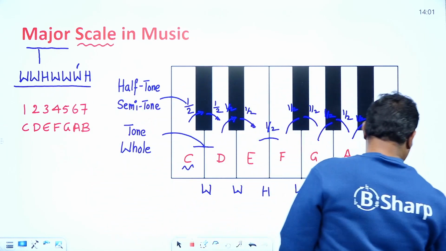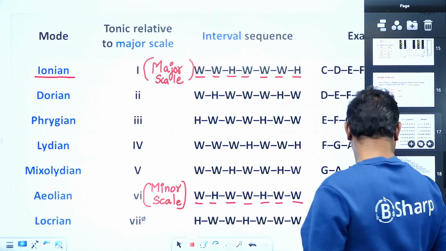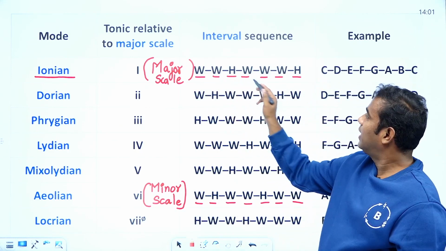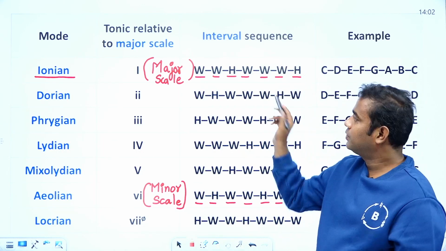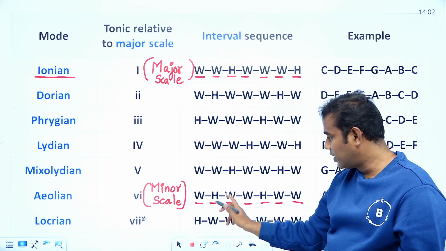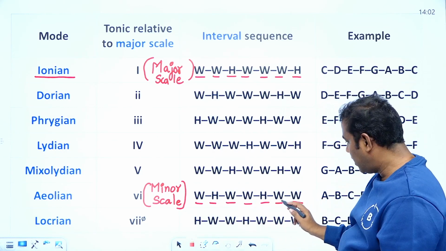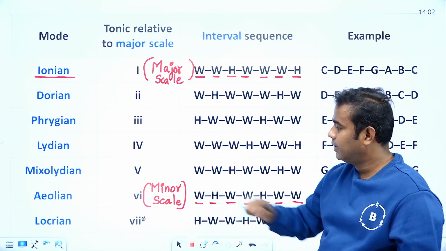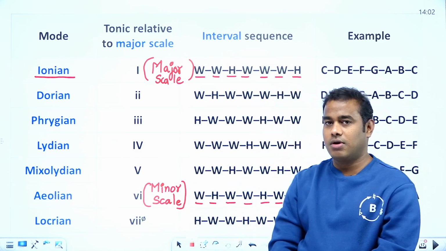Here I am showing the same thing: two whole notes plus one half note, and three whole notes and one half note. That is called the major scale. Likewise, one whole note, one half note, two whole notes and a half note, and two whole notes. This is called the Aeolian scale mode. We can call it the Aeolian mode.